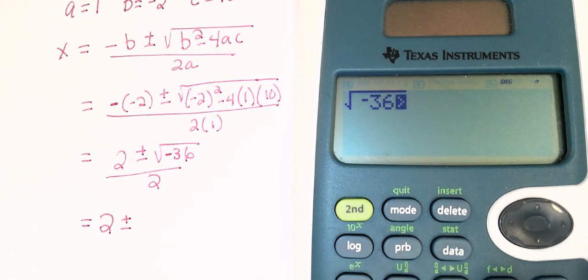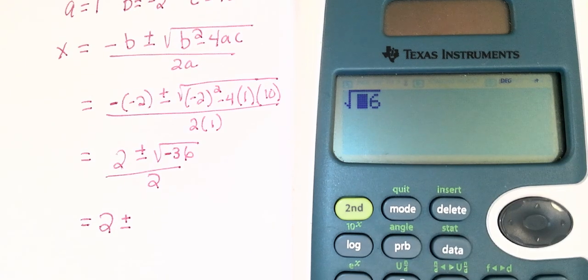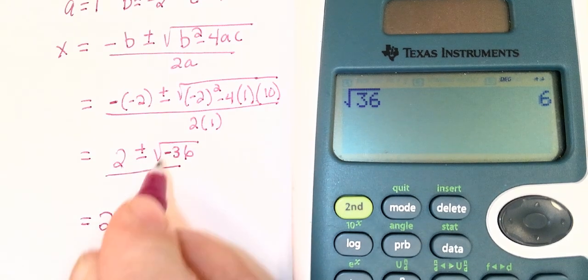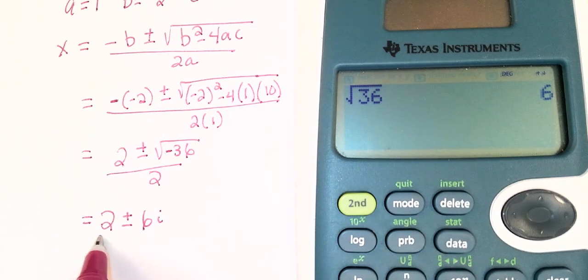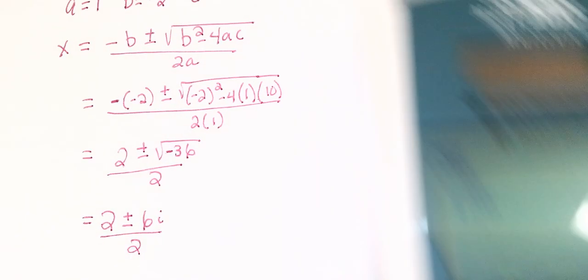So if I take that negative off, I can figure out just what is the square root of 36, which is 6. And then the square root of negative 1 is i. So this square root of negative 36 turns into 6i. And we still have all of it over 2.